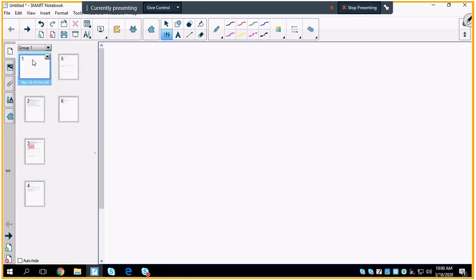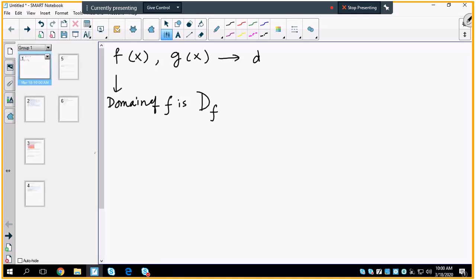So to say, if you are given two functions, f(x) and g(x), and you know that the domain of f is, I'm going to write it this way, d sub f, and similarly the domain of g is given by d sub g.